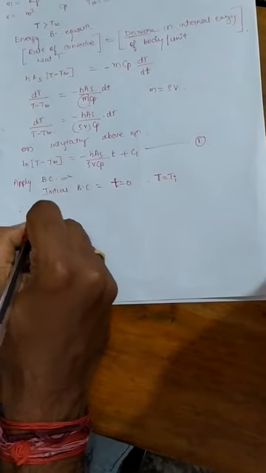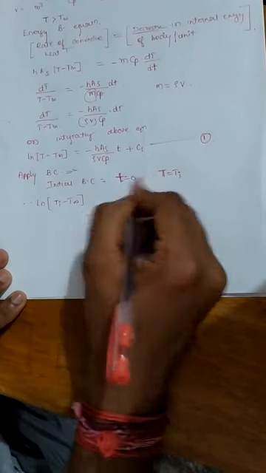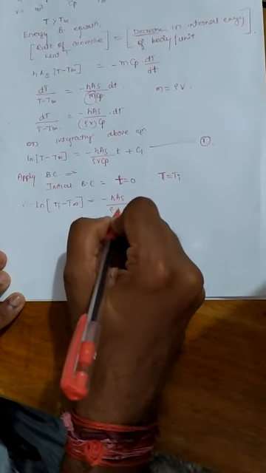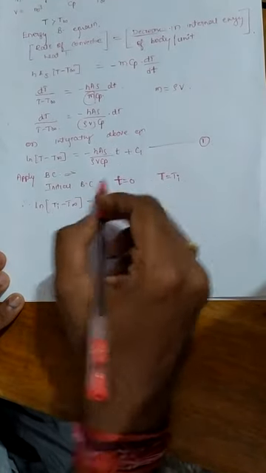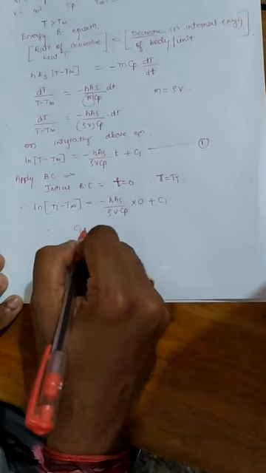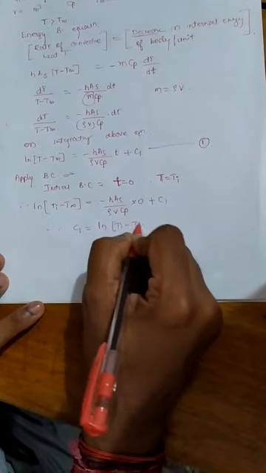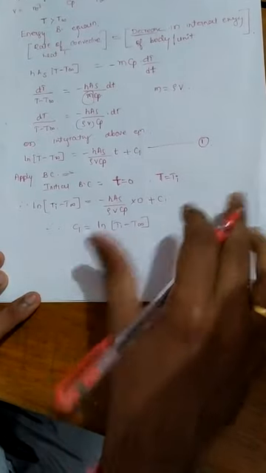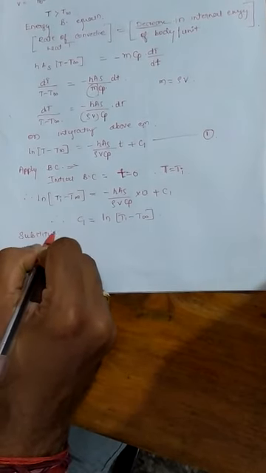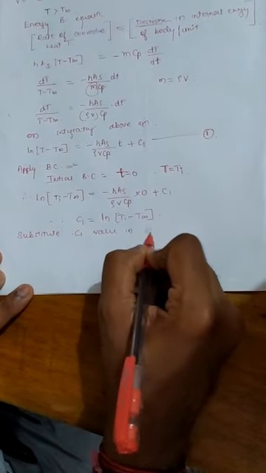Therefore, ln of (Ti minus T infinity), substituting the boundary condition, is equal to minus h into As divided by rho V into Cp into 0, so C1 will be ln of (Ti minus T infinity). Now substitute the C1 value in equation 1.